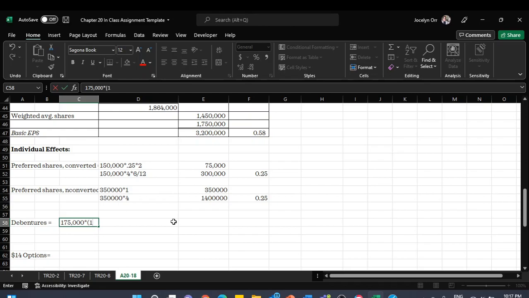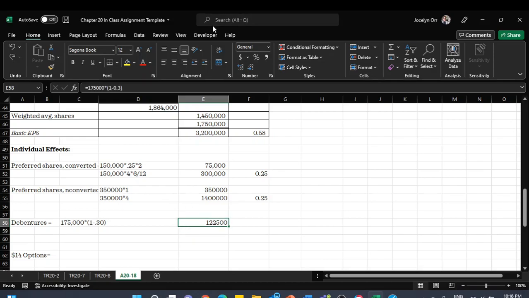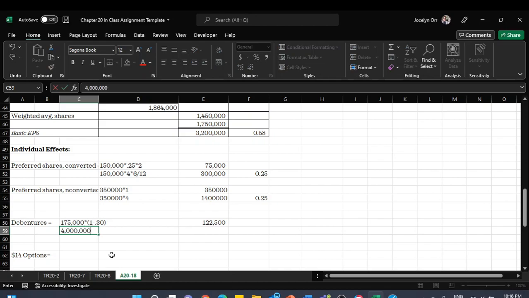And we want to look at the tax effects. So we take 1 minus the tax rate. And that gives us an amount of $122,500 that could be avoided. On the bottom, we have $4 million face value. Okay.